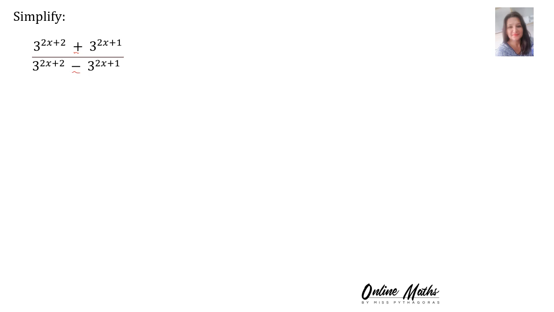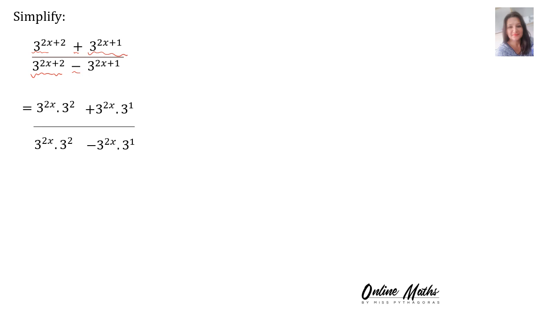First of all, you have to split each and every term up into its original form, where this one was 3 to the 2x times 3 to the 2, plus the second term over there, which you split up into 3 to the 2x times 3 to the 1. Everything over, and then the first term at the denominator will be 3 to the 2x times 3 squared, minus 3 to the 2x times 3 to the 1.